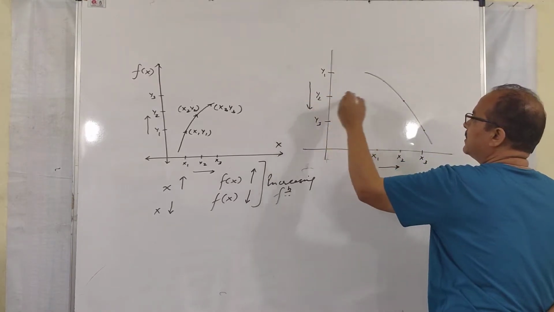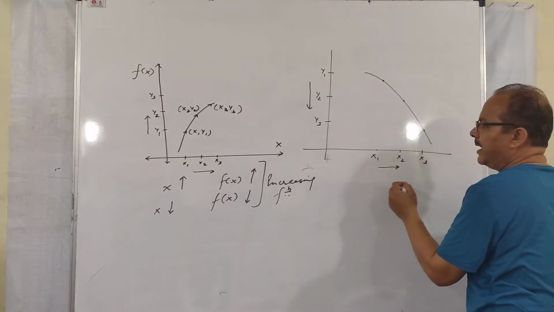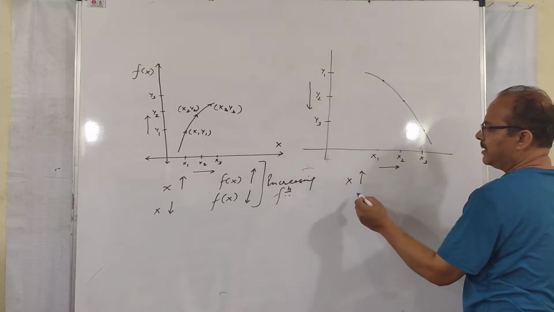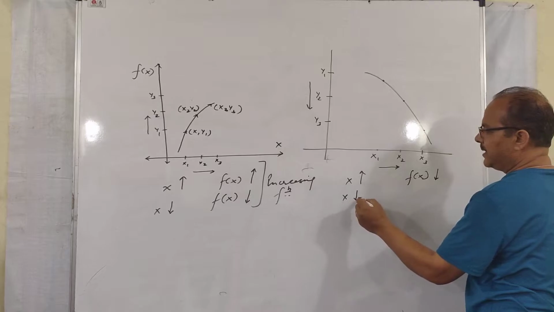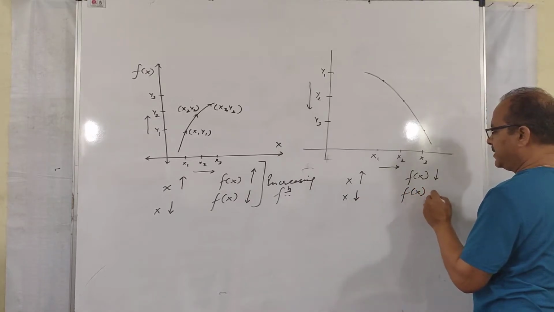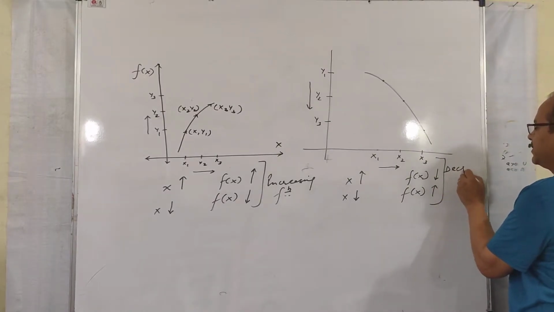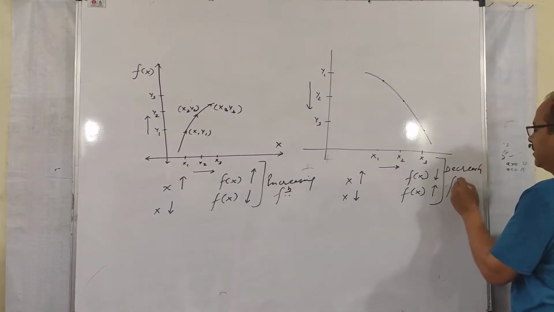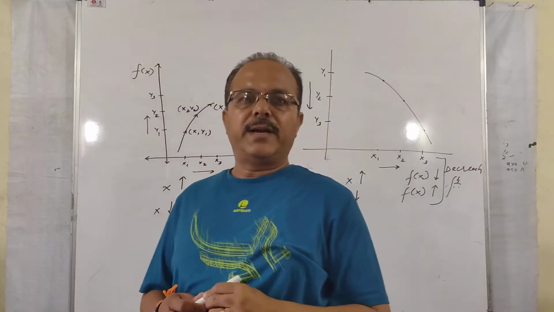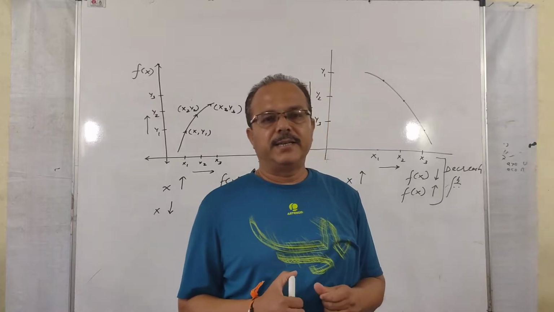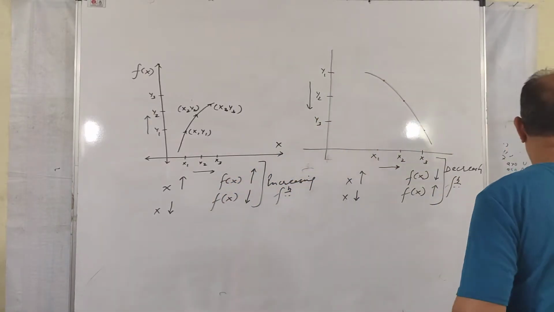Y decreases. सबसे पहले यहाँ थी y की वैल्यू, फिर इधर हुई, फिर इधर हुई, ऐसे. x तो बढ़ रहा है, x is increasing, and the value of f(x) is decreasing. Or x is decreasing, the value of f(x) is increasing. So these are the cases. This is called decreasing function. So these are the two cases when we can call the function an increasing function and a decreasing function, with the help of graph, as we had studied.